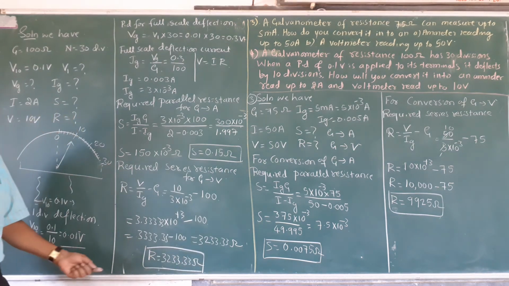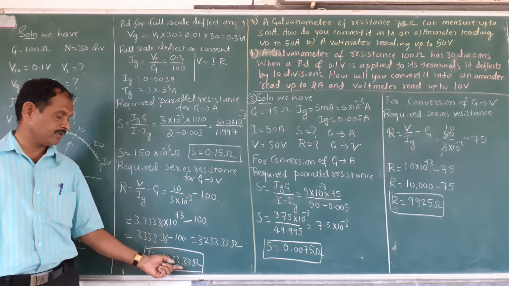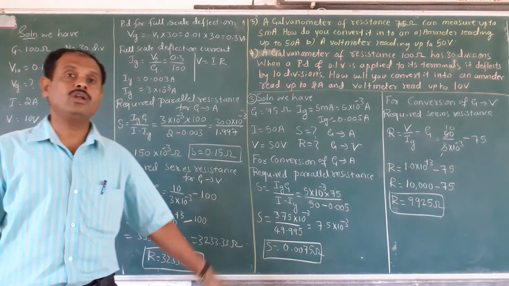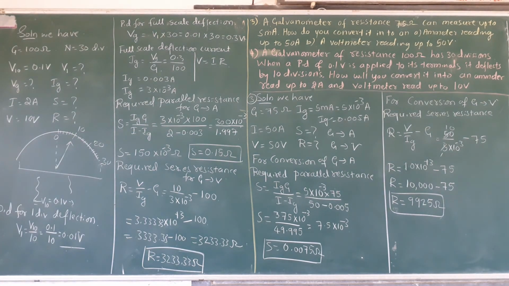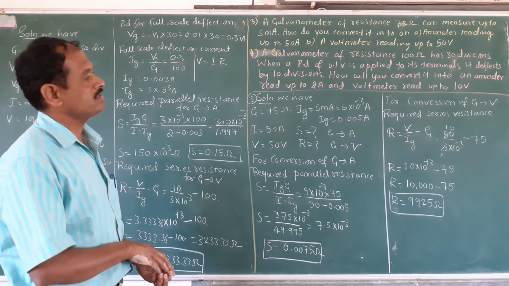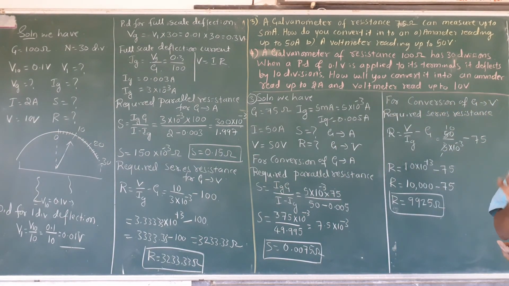How do you convert? When the high resistance of 3233.33 ohm is connected in series to the galvanometer, then it is converted into a voltmeter of range 0 to 10 volt. Once again I repeat, when the high resistance 3233.33 ohm is connected in series to the galvanometer, then it is converted into a voltmeter of range 0 to 10 volt.